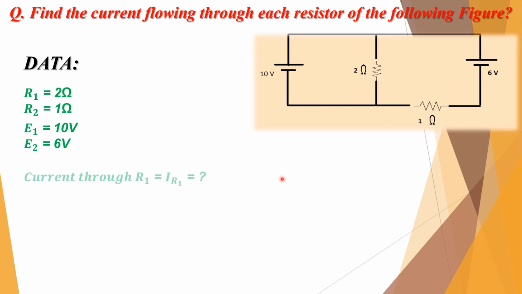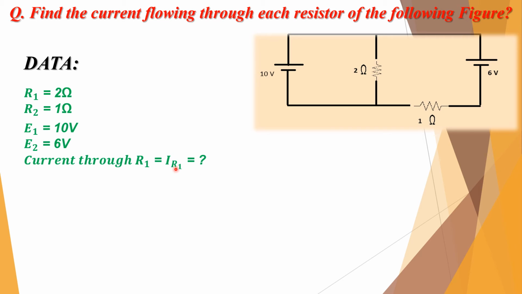Current through resistor R1 is IR1, which is unknown because we have to find it, and current through resistor R2 is IR2, which is also unknown. We have to calculate the current through resistor R2.